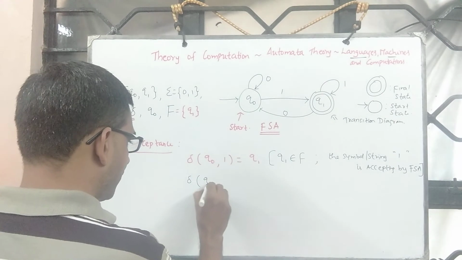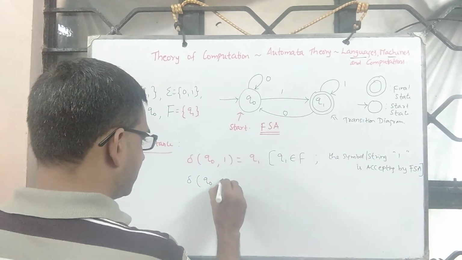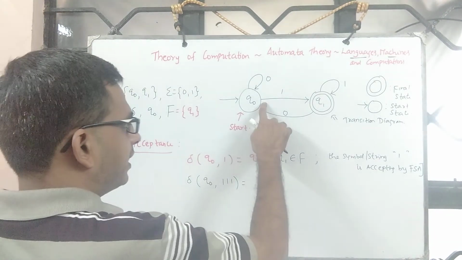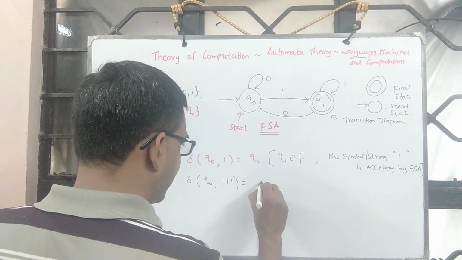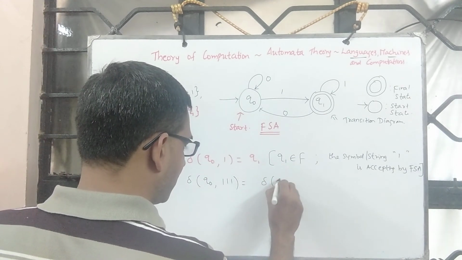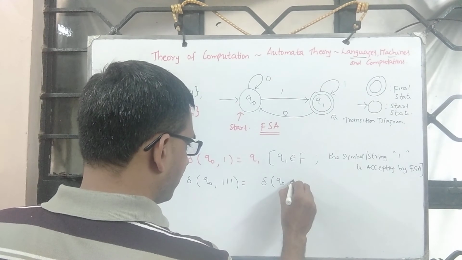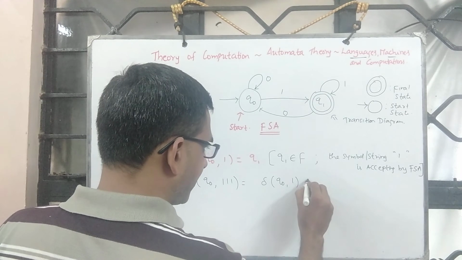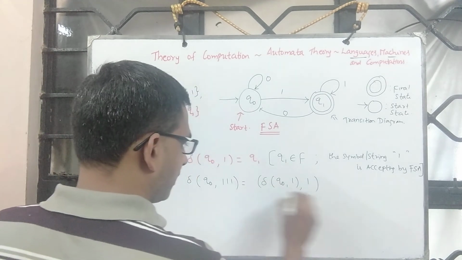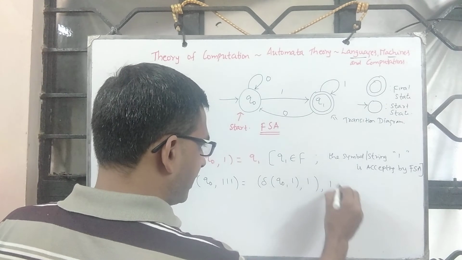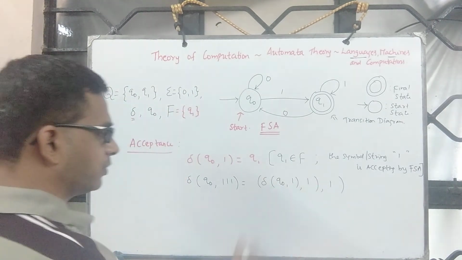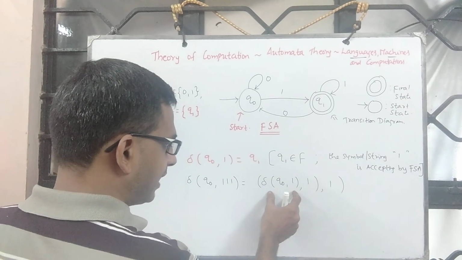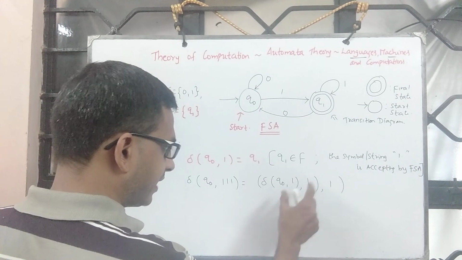Delta of q0 comma, say, 1 1 1. So for the first one we go here. So this can be rewritten as what? Delta of q naught comma, you read the first 1. With that, you read the next one. With that, you read the next one. So like this it goes. You get a state for this, and with that you read a 1, you get another state.